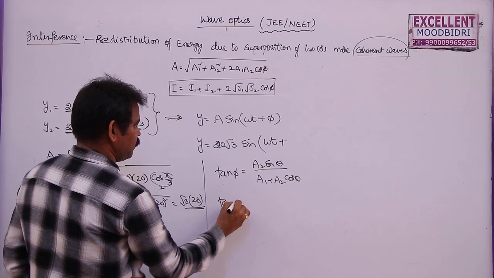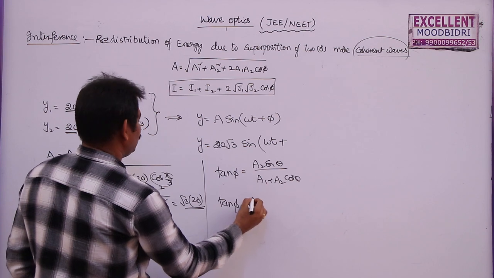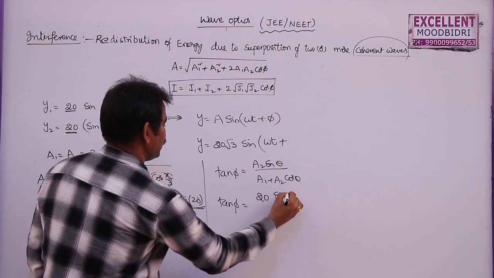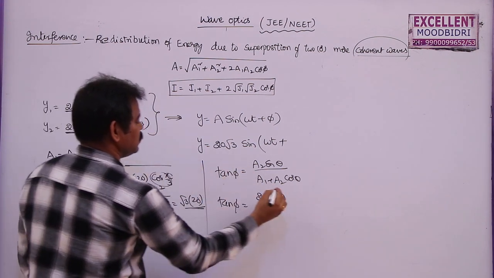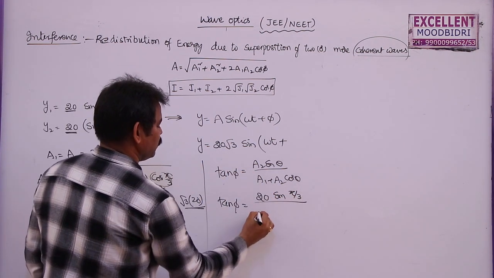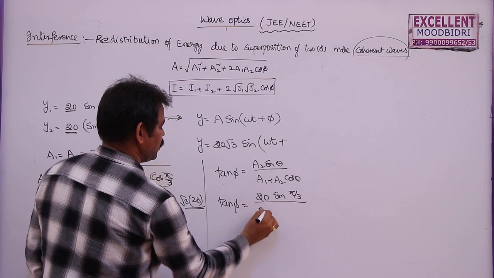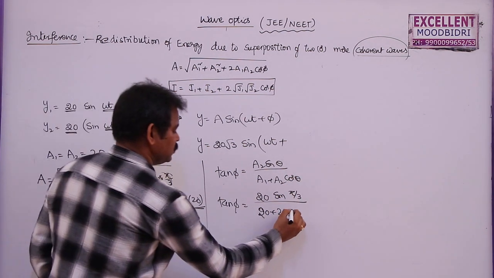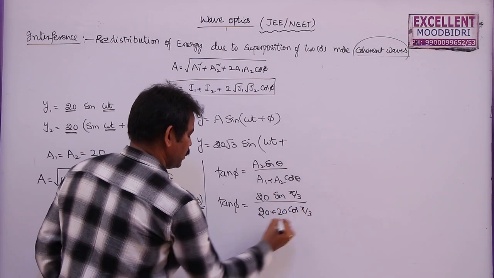So tan phi is the ratio of a2 sin(phase difference) to a1 plus a2 cos(phase difference). Here a2 is 20, so the numerator is 20 sin(pi/3), and the denominator is 20 plus 20 cos(pi/3).